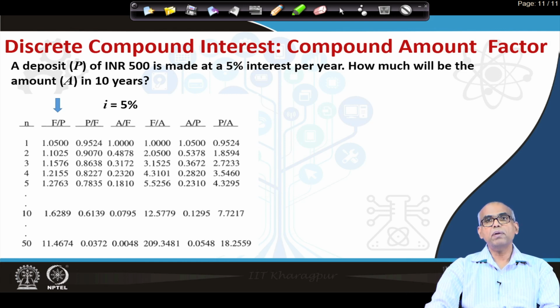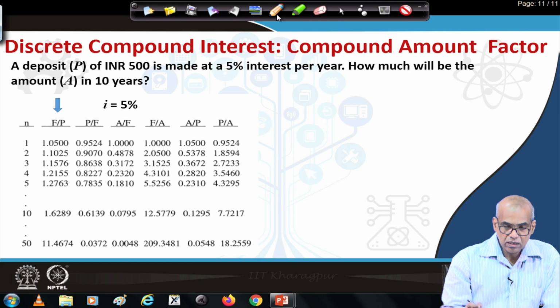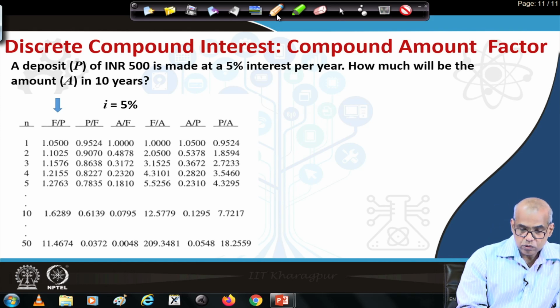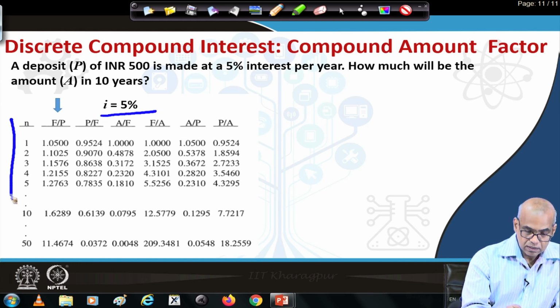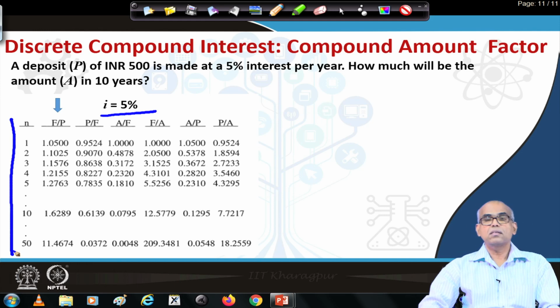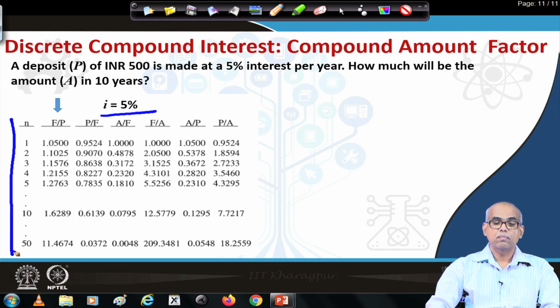Now, the factor 1 plus I to the power n has been computed and put in a table. So, these values have been tabulated for different interest rates and different lengths of periods. Here, what you see is a part of the table corresponding to interest rate 5%, and the number of years are shown here.